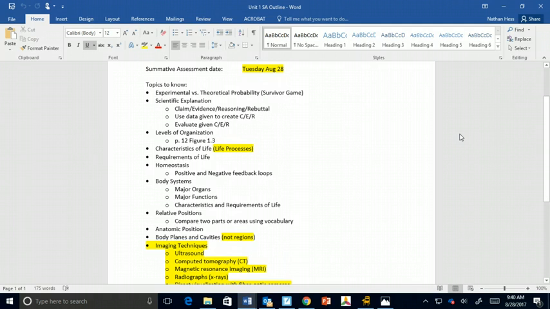All right, back to our outline here. Yes, ma'am. What cavities do you want us to know? The body cavities. The cavities that are in your textbook is what I want you to be comfortable with. So I'll give you some page numbers here. The body cavities are the ones there on page 18.